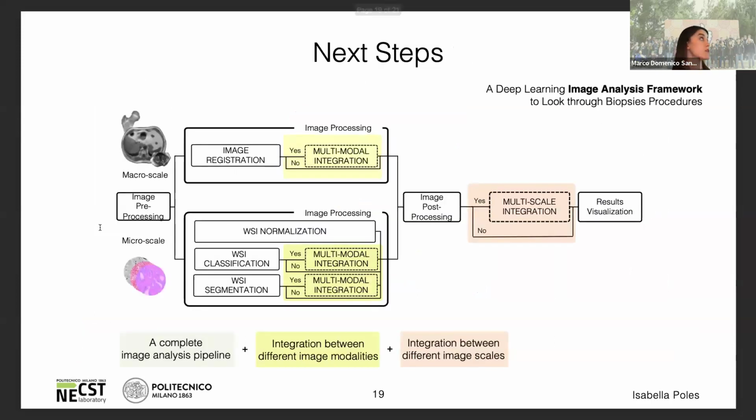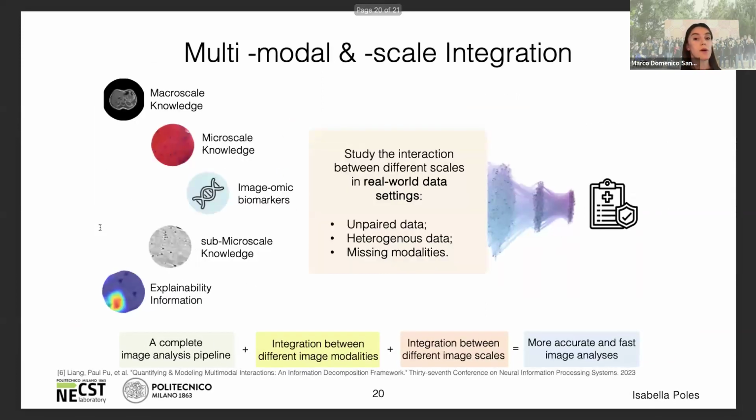For what concerns the next step, I'm planning to both improve the multimodal integration at the macro scale with multimodal image registration and at the micro scale for the segmentation part, while as the last step to integrate also different scale images.